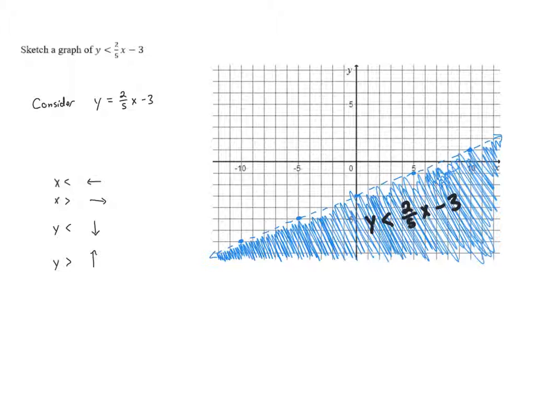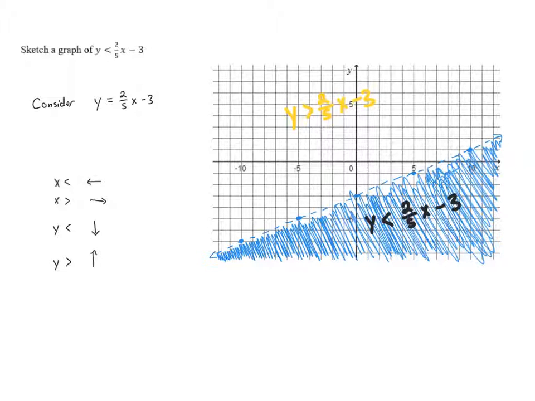If it had been y is greater than 2/5 x minus 3, that would correspond to the top half. I'm going to do that in another color because it's separate from what we're doing. Y is greater than 2/5 x minus 3 would be everything up above in the top part.